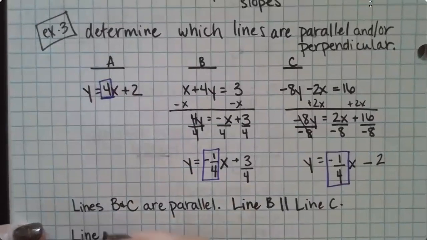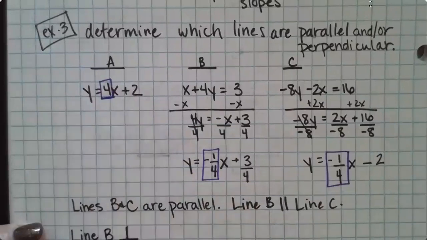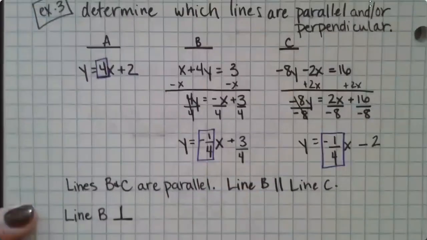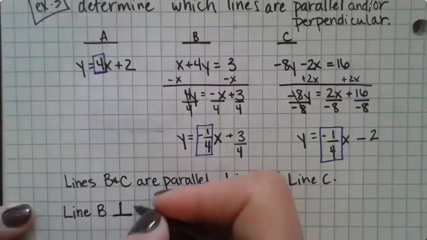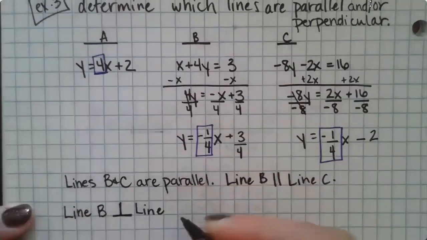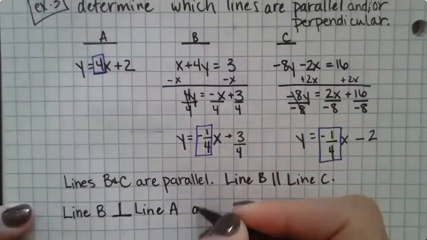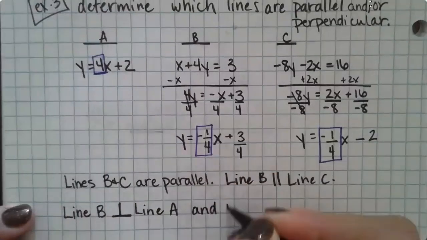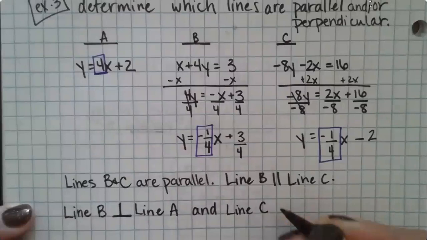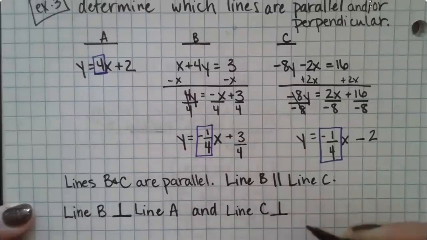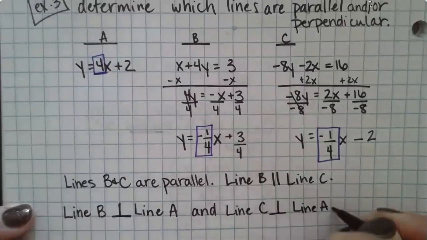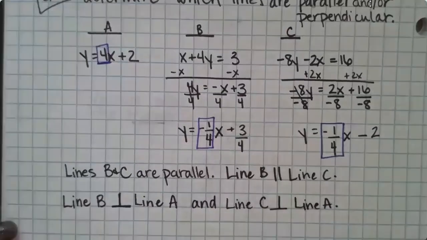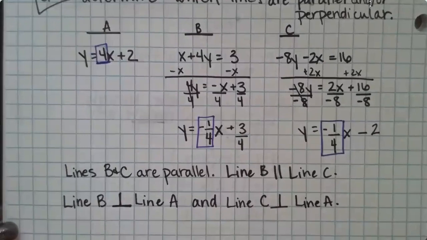Line B, this little sign means perpendicular. It's kind of like an upside down capital T. Line B is perpendicular to line A. And line C is also perpendicular to line A. Because their slopes are negative reciprocals.